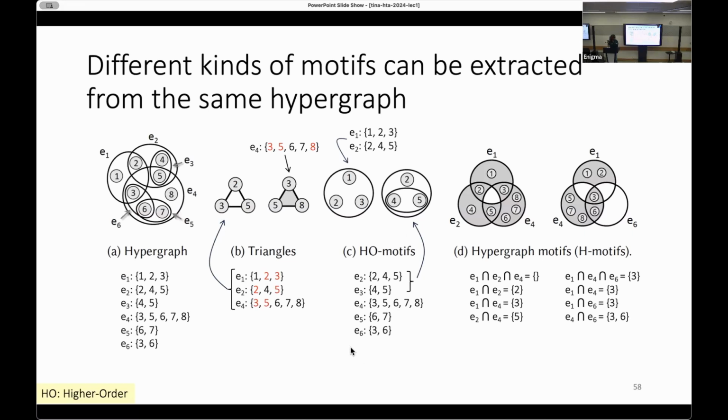For example, based on hyper edges E1, E2, and E3, you can infer that you have a triangle, and you would see, oh, I have a 3, 5, and 8 hyper edge as well, and so on and so forth. And these are often useful, as I understand it, in biological applications where they use a lot of motifs.